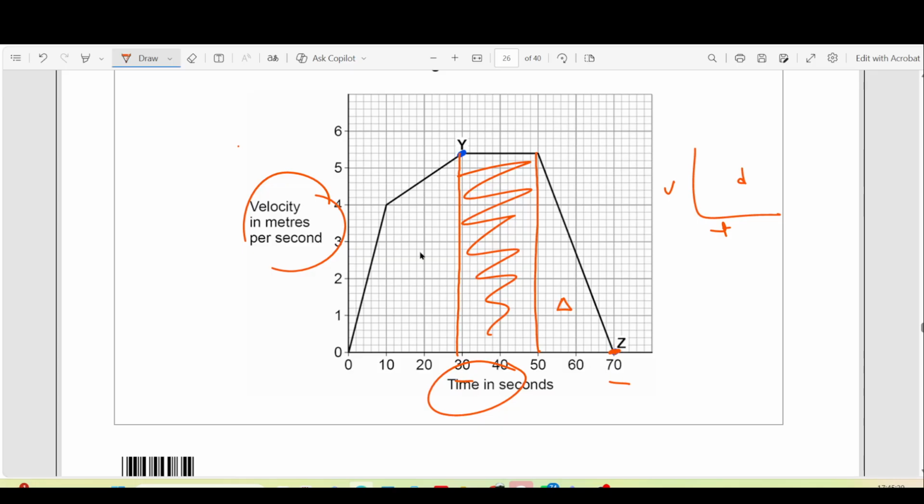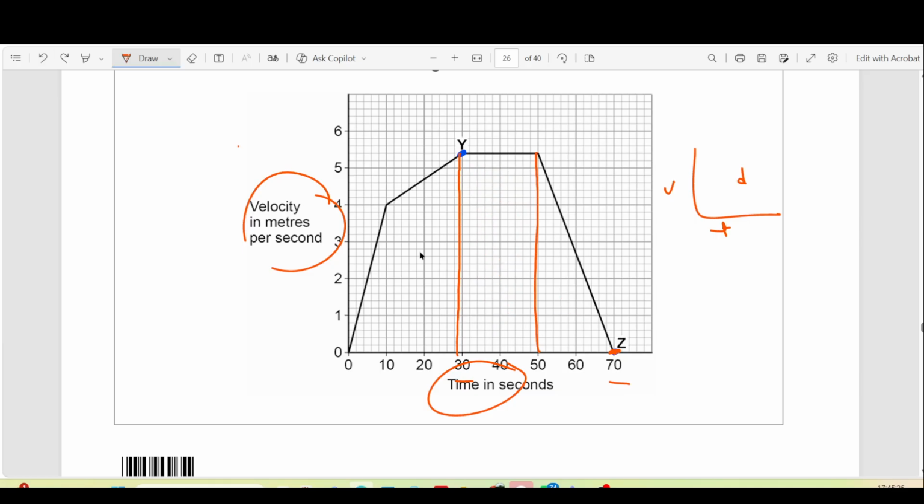So we need to find the area of this rectangle and the area of this triangle and add them. 50 minus 30, this length is 20, and this height is 5.4.